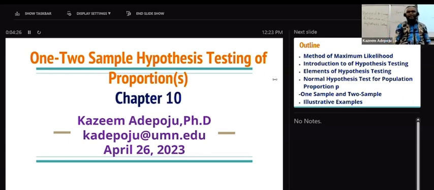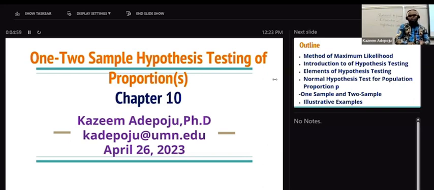I've walked you through interval estimation for a single mean for one population, and the mean for two populations. We've also worked on constructing confidence intervals for a proportion for one population. We do the same for two populations. So we've actually worked on constructing intervals.